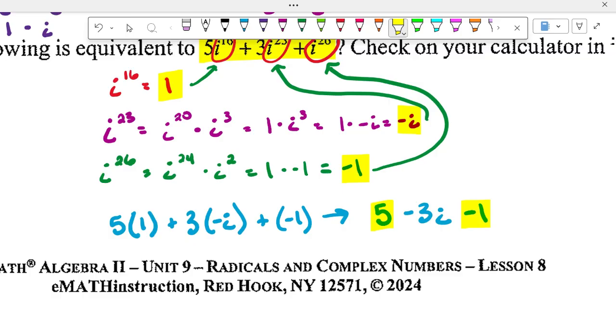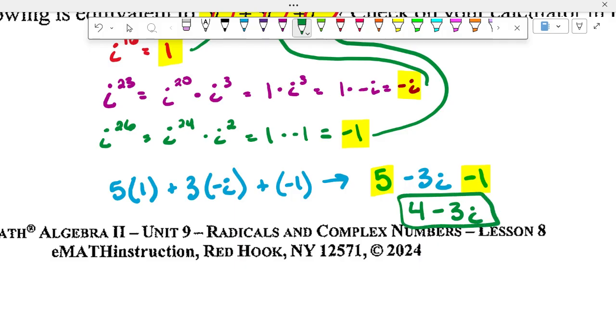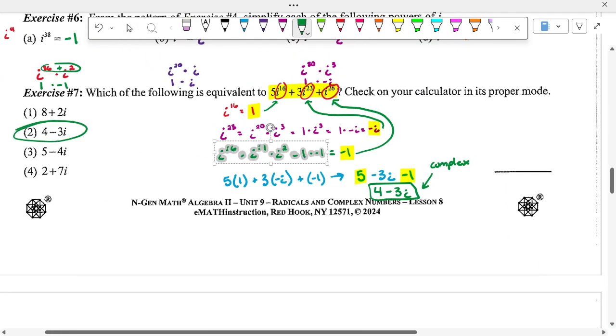You can't combine them together. So if I do 5 minus 1, what is that? 4. So my answer is 4 minus 3i, and we leave it like that. This is actually a true complex number. It's a combination of a real and an imaginary.